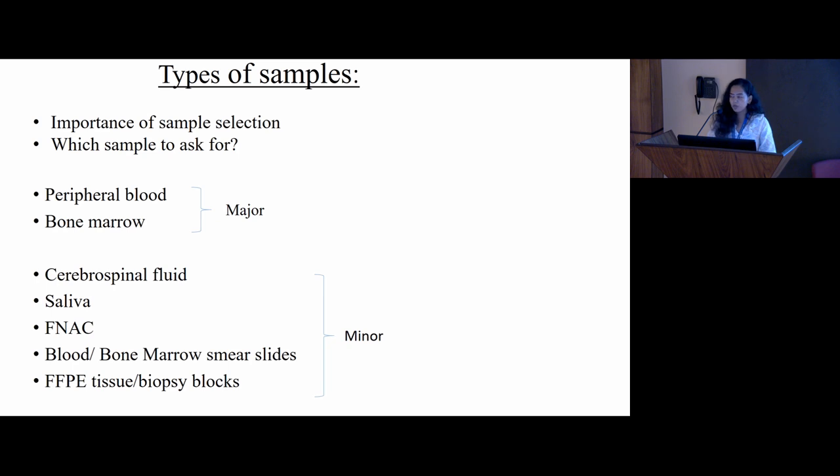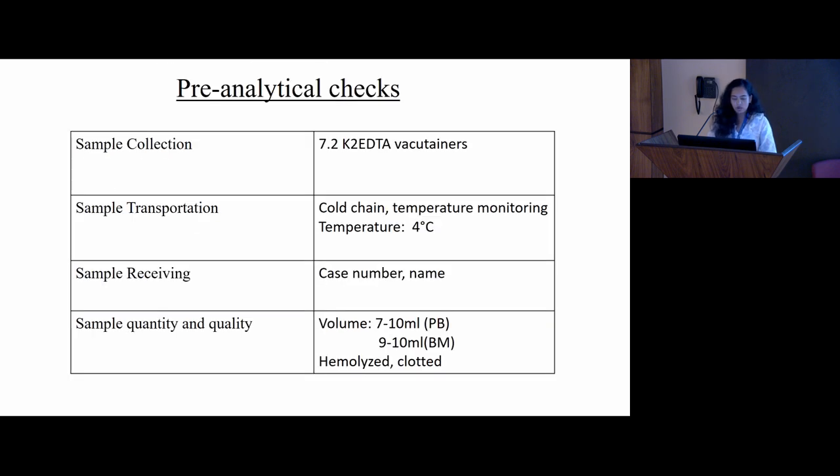There are some pre-analytical checks that we have to take into consideration before receiving the sample. The sample has to be collected into K2 EDTA vacutainers, because EDTA, as we know, is an anticoagulant and will prevent clotting of the samples. Sample transportation has to be maintained in a cold chain, because most of our tests are RNA-based testing.